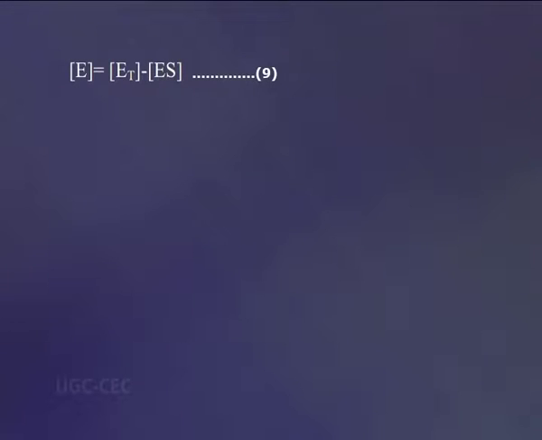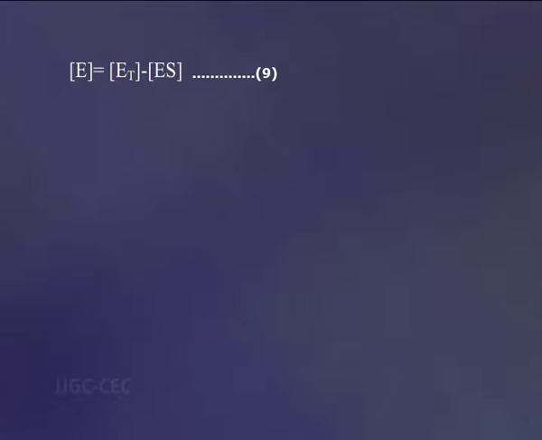The concentration of uncombined substrate, that is S, is very nearly equal to the total substrate, provided that the concentration of enzyme is much lower than that of the substrate. The concentration of uncombined enzyme, that is E, is equal to the total enzyme concentration, ET, minus the concentration of the ES complex, that is E equals ET minus ES.